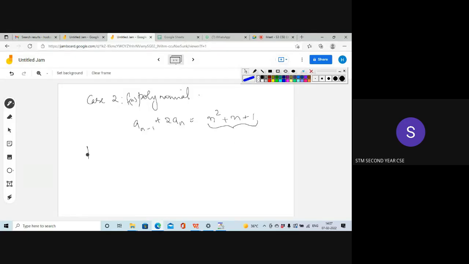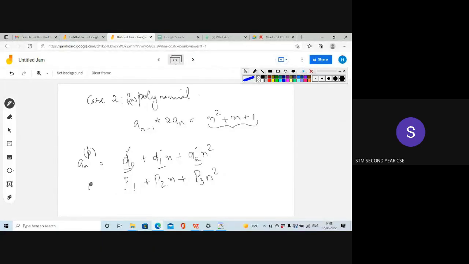Then our particular solution, an of p, the form we have written as d0 plus d1n plus d2 n square, or instead of d0 d1 d2 you can also put p1 plus p2n plus p3n square. Any constant term can be put. Since it is a particular solution you can use constants p1 p2 p3 etc., or you can even put d0 d1 d2. We had solved with d0 d1 d2, but you can use other constant values or terms like p1 p2 etc. and solve this equation.